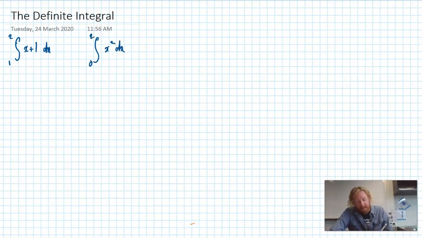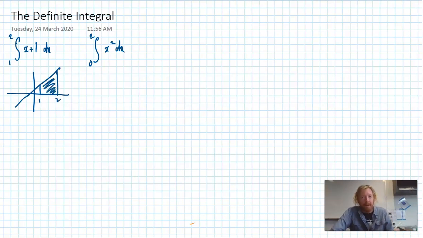Now the convenience about these is that we look and we draw it like this. This guy's talking from x equals 1 to x equals 2, and he wants that area. This guy over here is a parabola, from 0 to, let's say, x is 2.